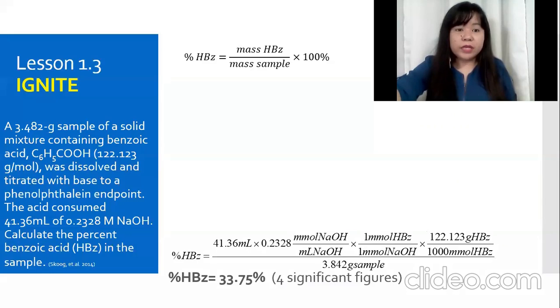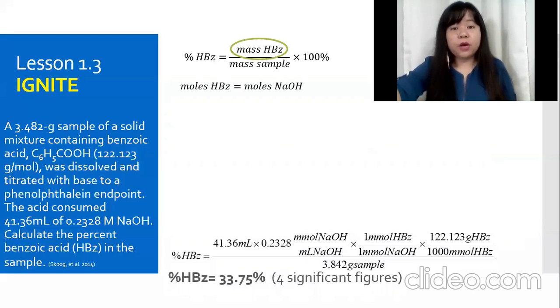The problem already gave us the mass of the sample, but we do not have the mass of benzoic acid. But we can compute for that using the mathematical relationship coming from the titration process, which is the number of moles of acid equals the number of moles of base.